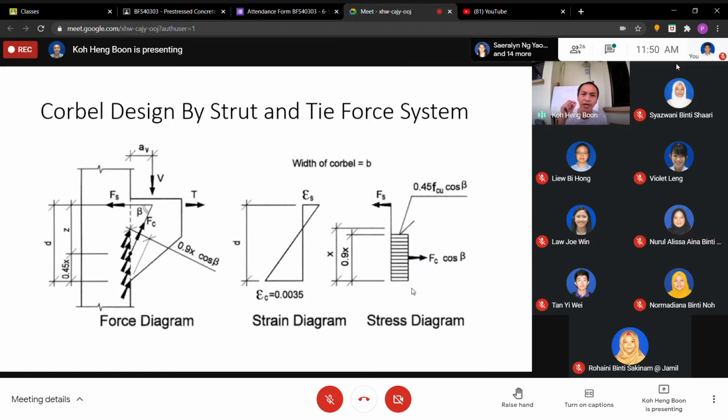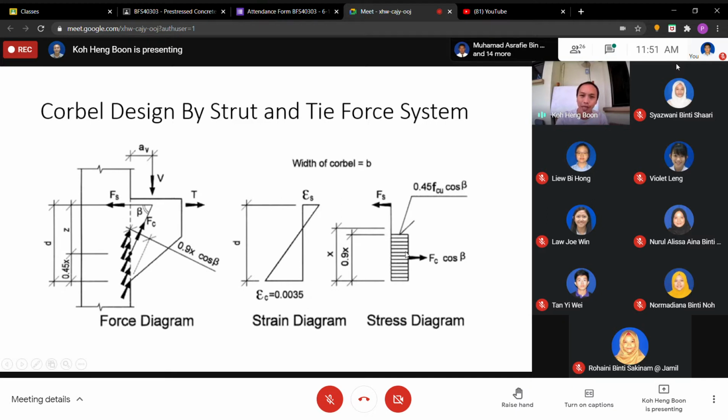So we can calculate the compression force, which is 0.45 FCU multiplied by the effective width multiplied by the depth. Here 0.45 FCU is basically the maximum stress, so the maximum stress is 0.45 FCU cos beta.